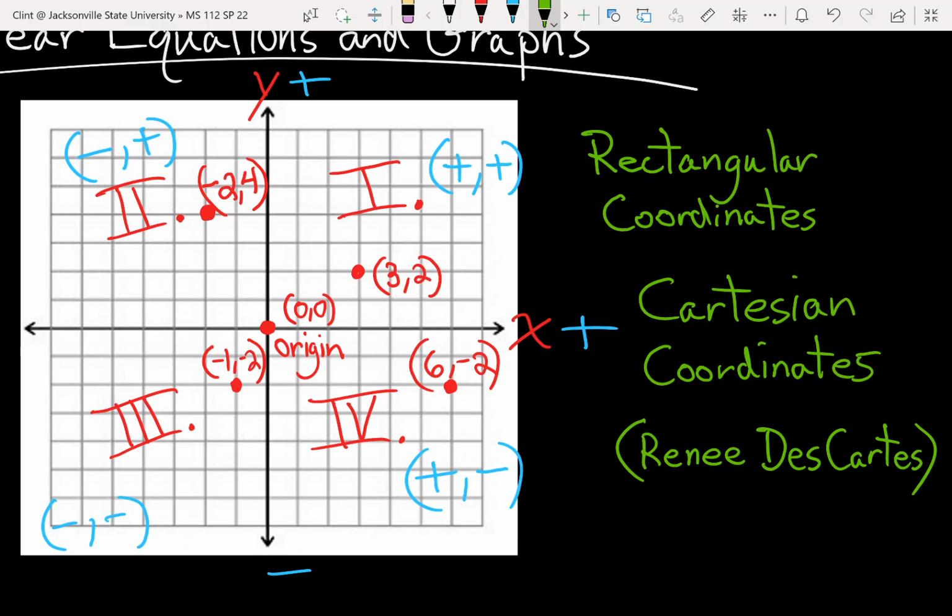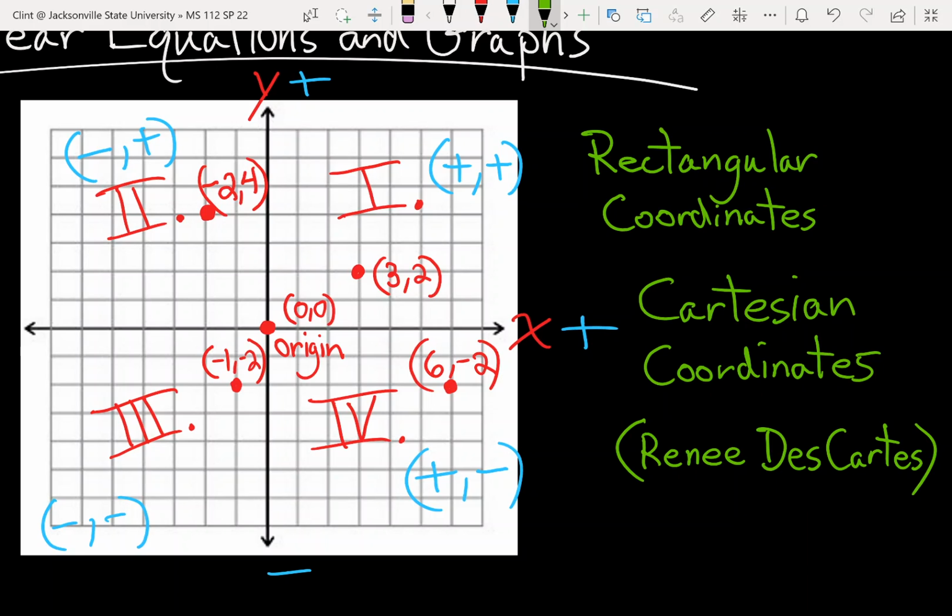So that's what we'll be working in. There are other systems. You can do polar coordinates where instead of a grid you have circles. And if you go in 3D, you can have spherical coordinates where you're using spheres instead. We're all going to deal with rectangular in here. So the main thing to take away from this is we want to be able to plot points.